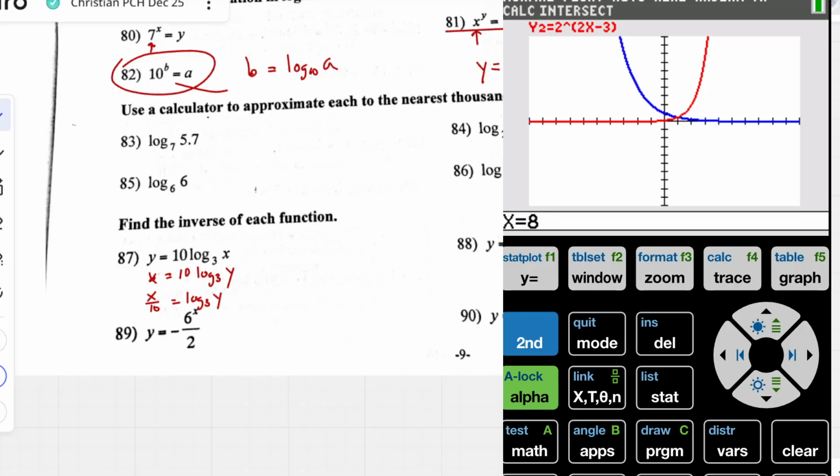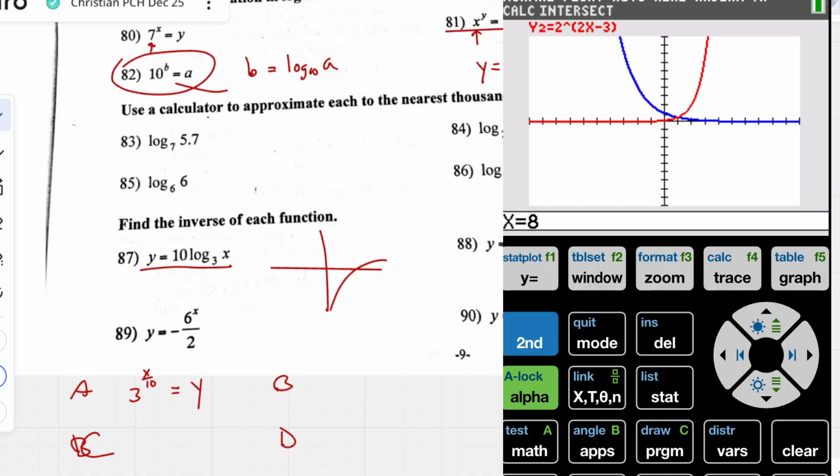And then this has a base of 3, so it'll become a base 3 on the other side. And then that should be it. I guess another way, since you're getting multiple choice, you could graph this and then graph all the answer choices, see which ones look like inverses. So this graph would look like something like that, and the correct inverse. That's probably kind of hard to do.